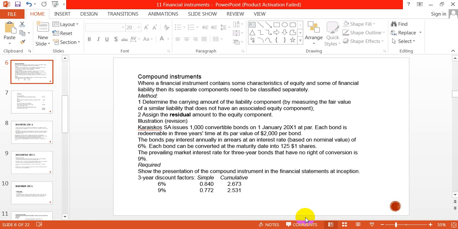The prevailing market interest rate for 3-year bonds that have no right of conversion is 9%. Now, we stated earlier on that the convertible bond should be split between the equity component and the debt component. You'll be given 2 rates.